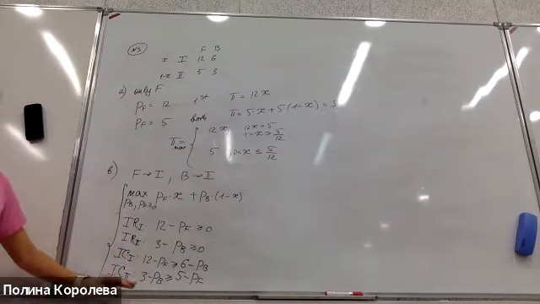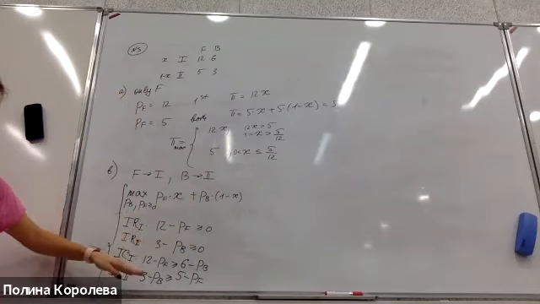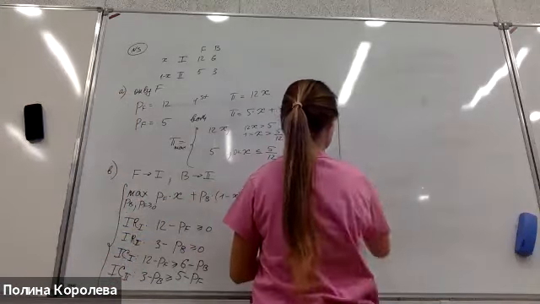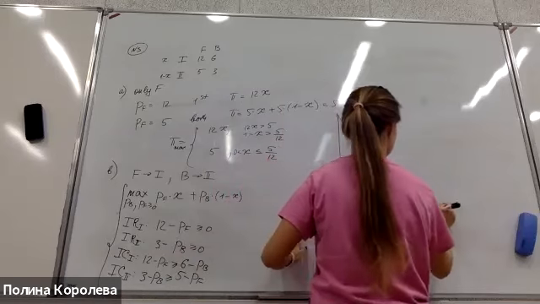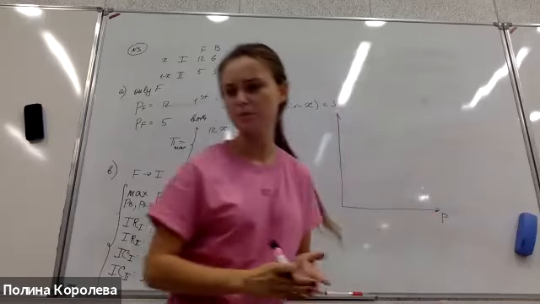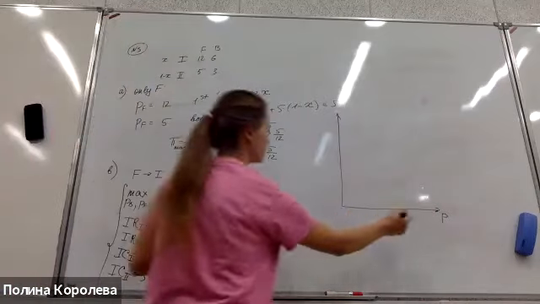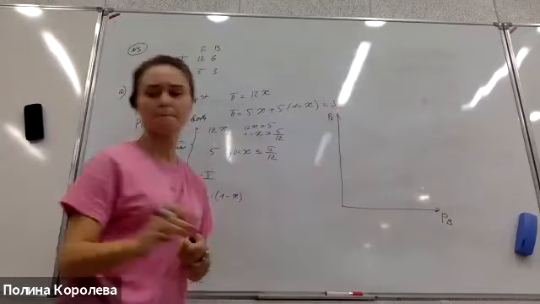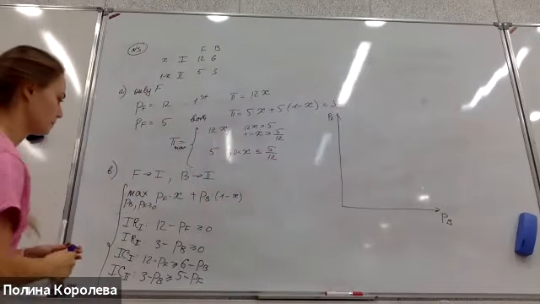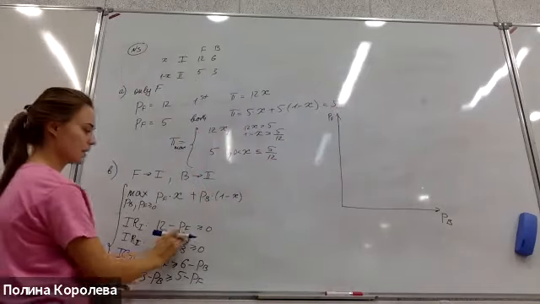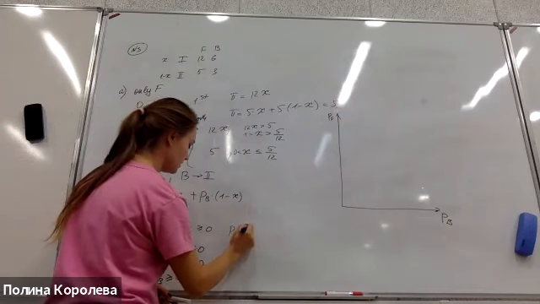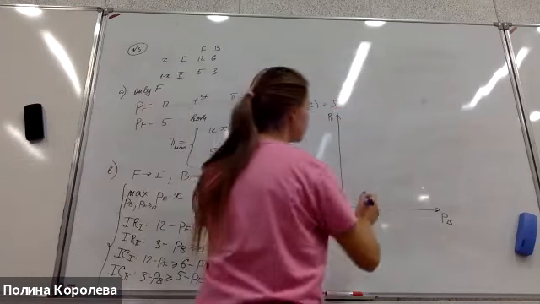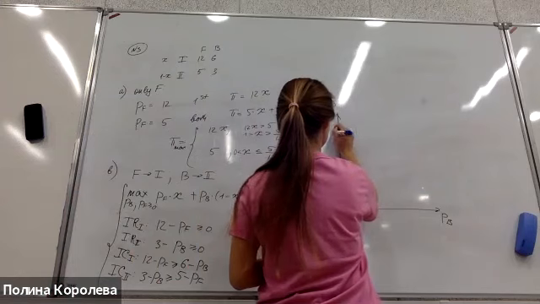So we need to draw 1, 2, 3, 4 areas. Here will be the price of, let's say, basic. Here will be the price for fancy. So the first line: price of fancy equals 12.